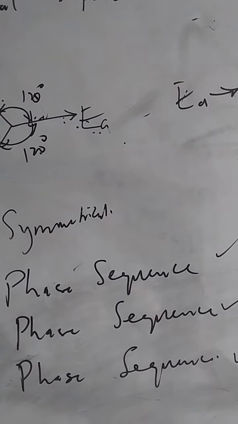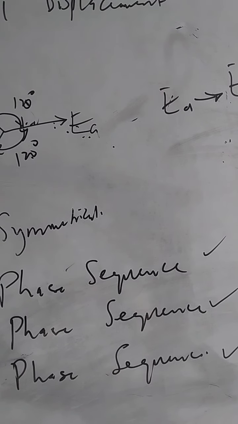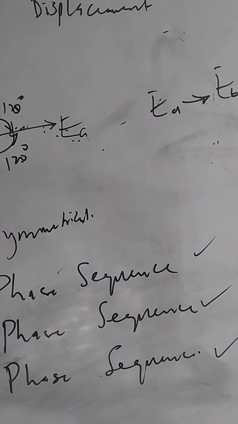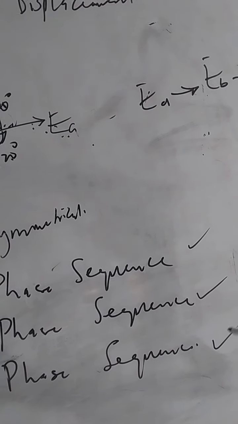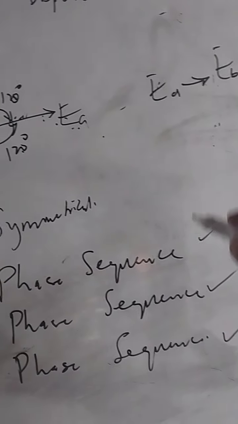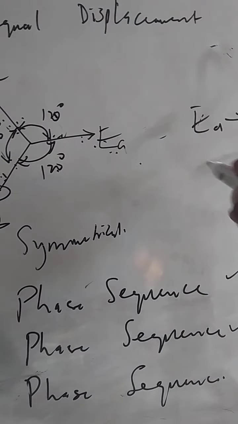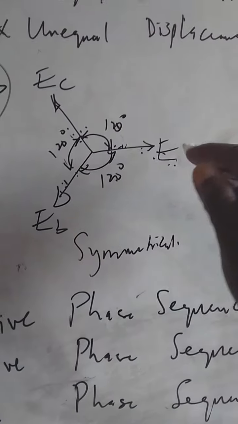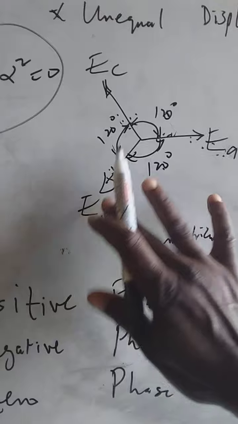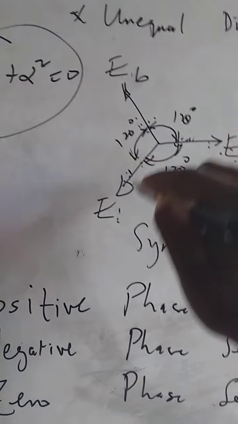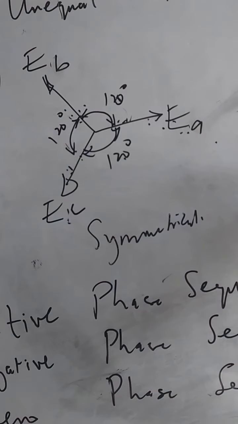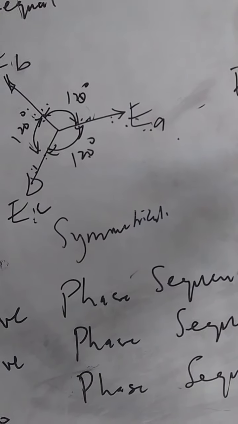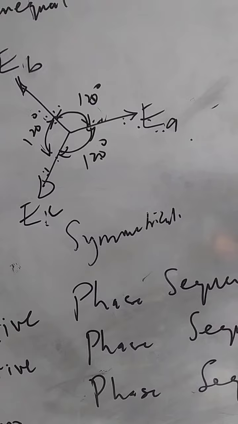Then we have the one for the negative phase sequence, which is defined as three equal phasors 120 degrees apart, which rotate anticlockwise in this sequence. So if it is negative phase sequence, it will take this form: EC, EB, and EA.